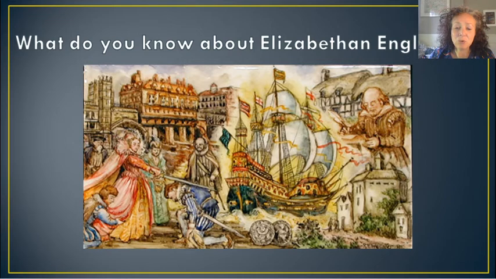Elizabethan England was a time of turmoil. She was a Tudor monarch. England was constantly under attack, under threat. So it was a time when people needed some excitement and some light relief from their day-to-day lives, which is partly why Shakespeare's plays were so popular.